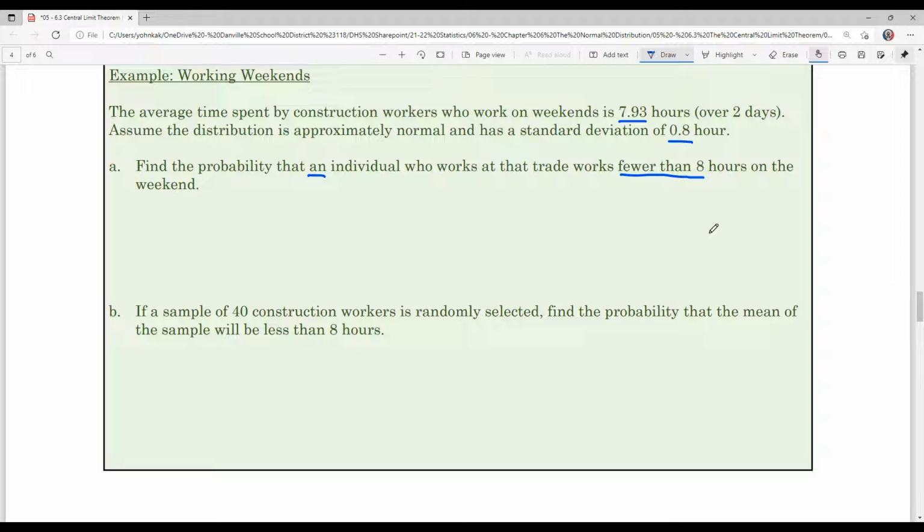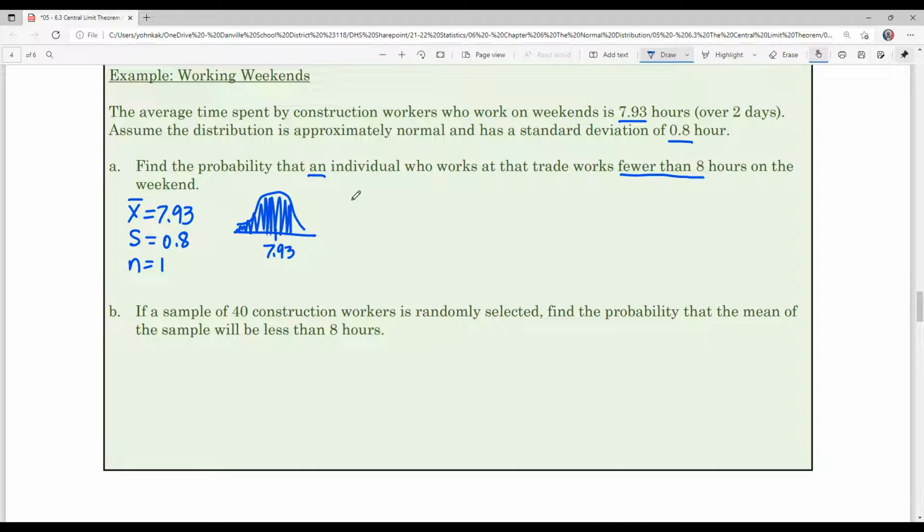Since it's one person, I'm going to just use the regular z-score formula. My x bar is 7.93. My standard deviation is 0.8. My n is 1. So when I draw my picture, I put 7.93 in the center. Fewer than 8 hours is going to be 8 shaded to the left.